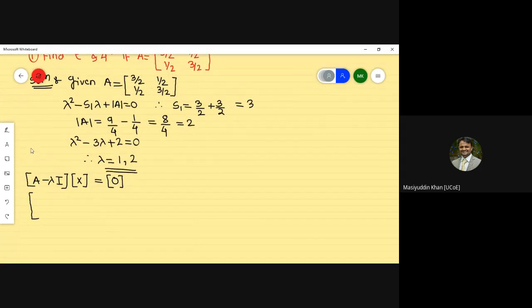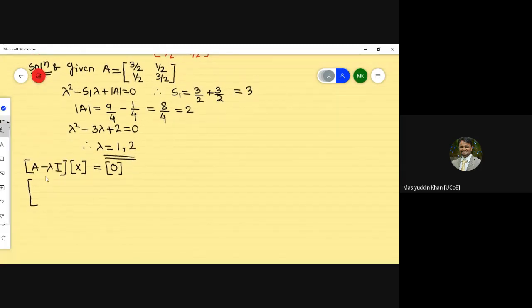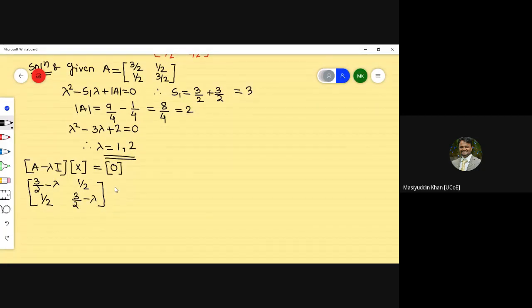We have the matrix A equal to 3 by 2, 1 by 2, 1 by 2, 3 by 2, minus lambda. There are two unknowns, so we take x1, x2 equal to 0, 0. This is my equation number 1.